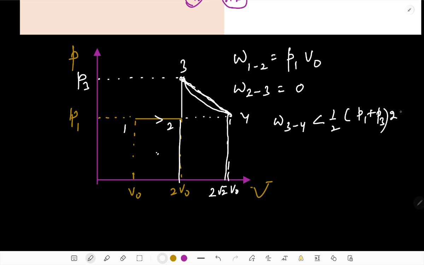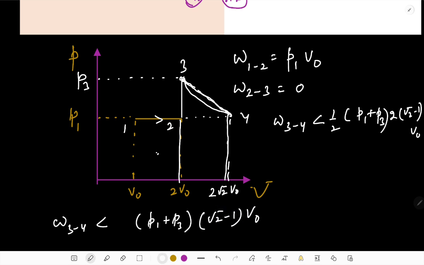That means (2 root 2 minus 1) V naught. So the work done during process 3 to 4 is less than half (P1 plus P3). The 2 gets cancelled out, and the factor becomes simply (root 2 minus 1) V naught.